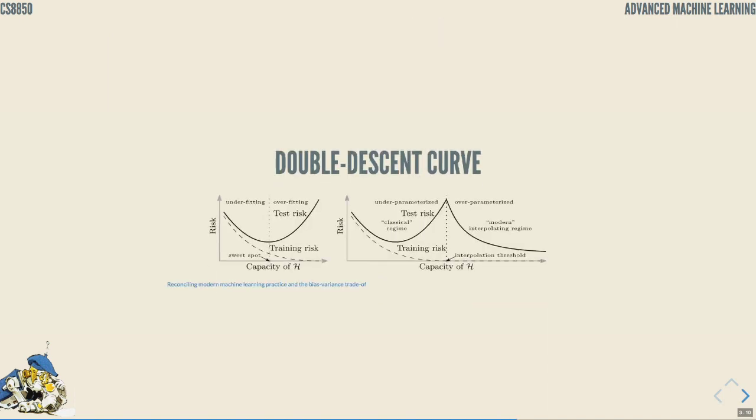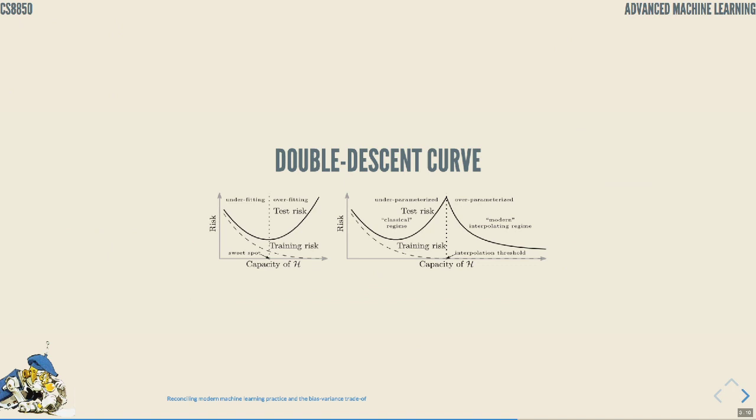It's been a while, sort of a dogma, a gold truth, that you avoid overfitting. Don't select a very complicated model, or don't select a high capacity model. Select a parsimonious model with fewer parameters, and regularize with sparsity.